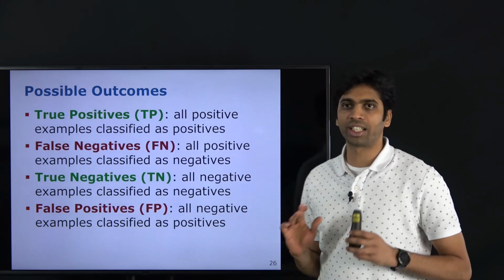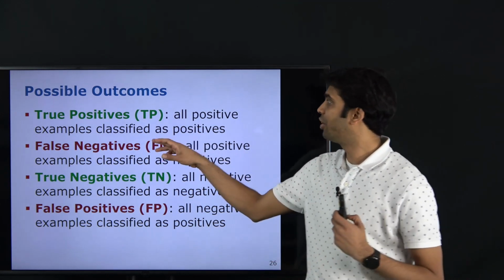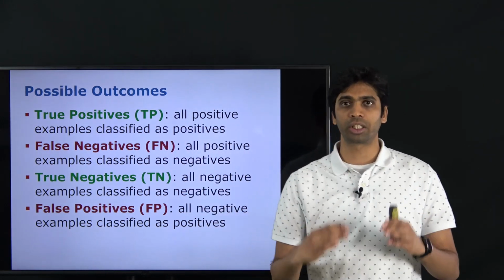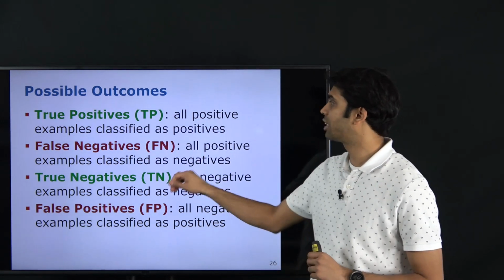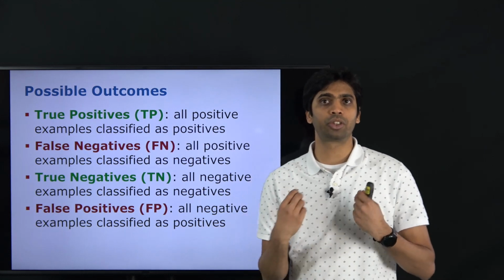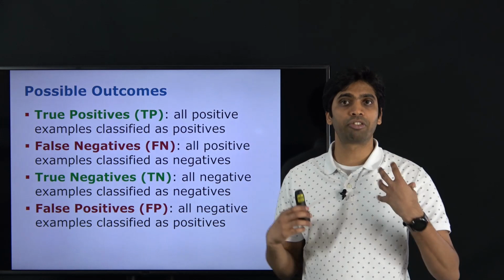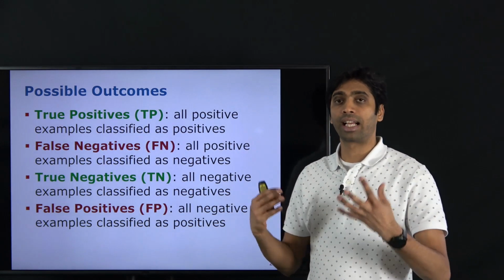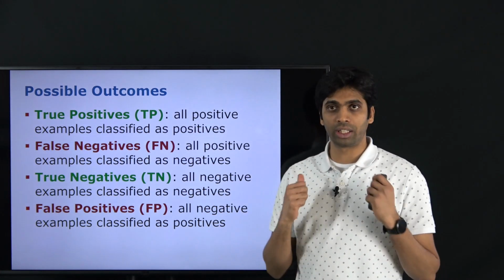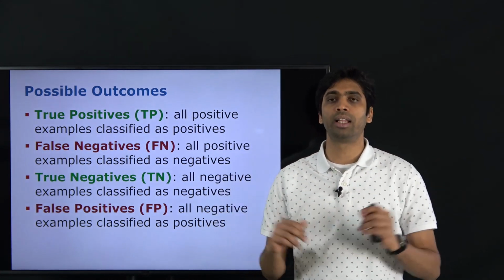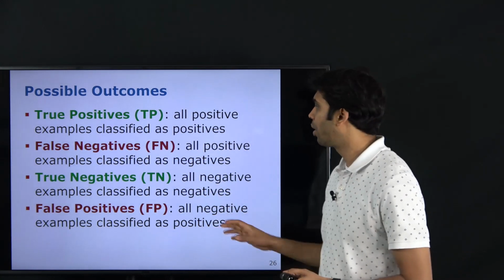So of course, this is not just to do with family cars, but these terms are more general, right? So whenever you have positive examples classified as positives, you call them true positives. If you have positive examples classified as negatives, they are false negatives. So you can often think of them as things that you missed classifying as the class that you're interested in. True negatives are actually the good ones, where you say, okay, these are not the positive examples, and my classification system says that they're not positive examples.